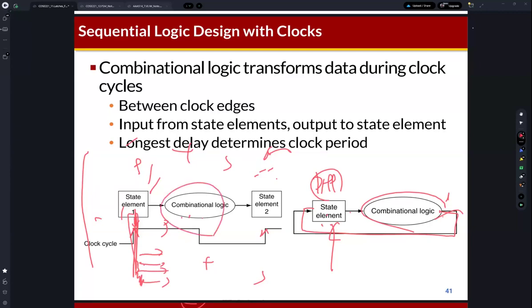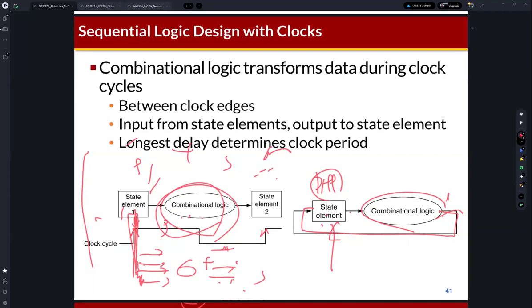And this combinational logic also exhibits delays, right? After some delay, the output will be changed based on the input signals, right? But actually these outputs are different, which means that the delays of this combinational logic can vary, okay?